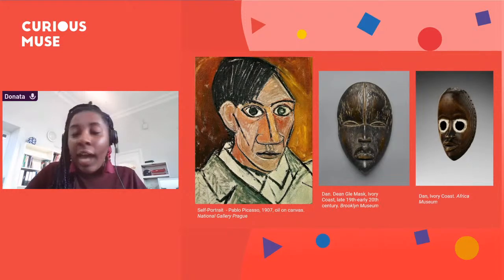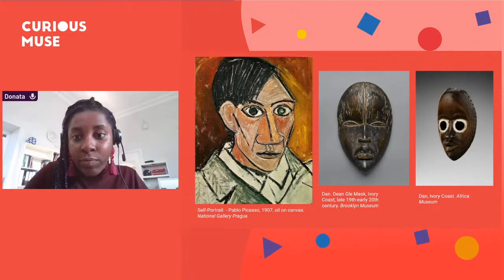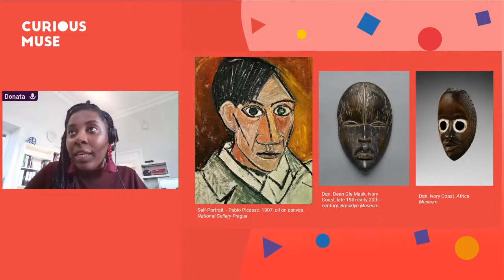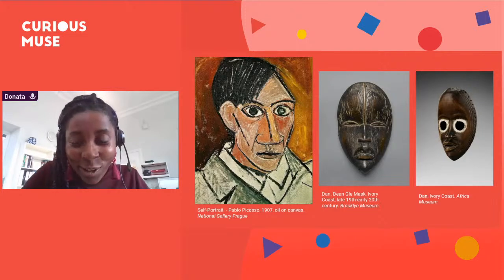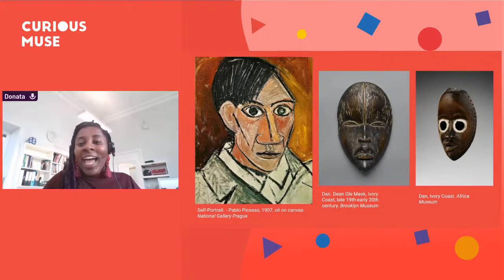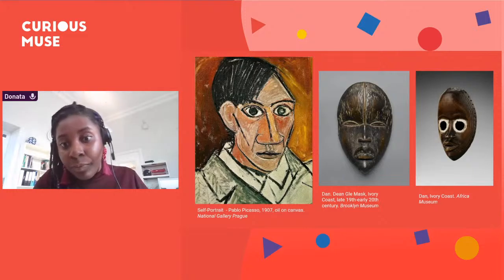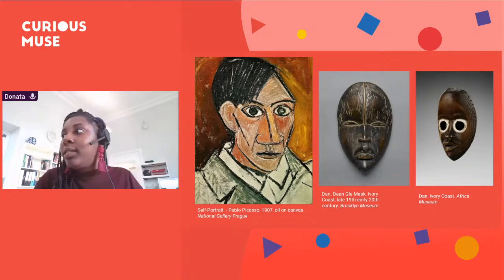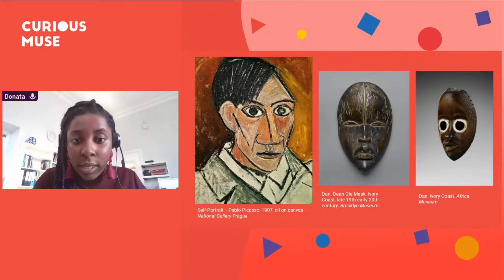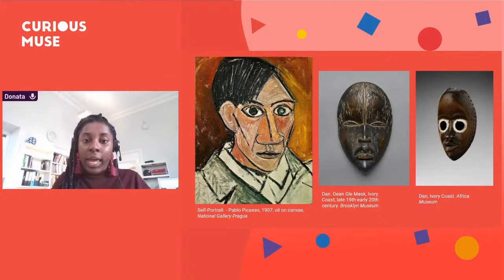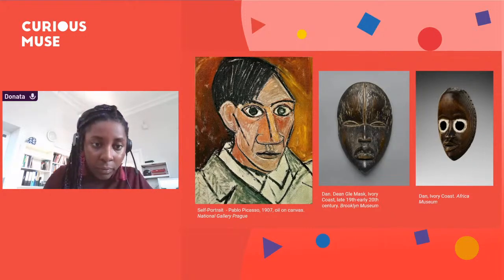But especially with the Africa Museum Dan mask, you can really see the strong connection to his self-portrait, the big eyes and the longer nose, the lips that form between the portrait and this Dan mask from the Dan culture in Ivory Coast.